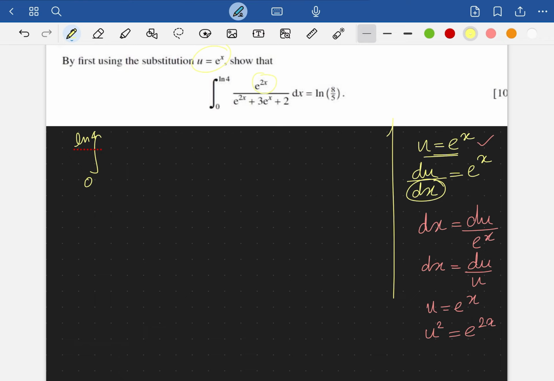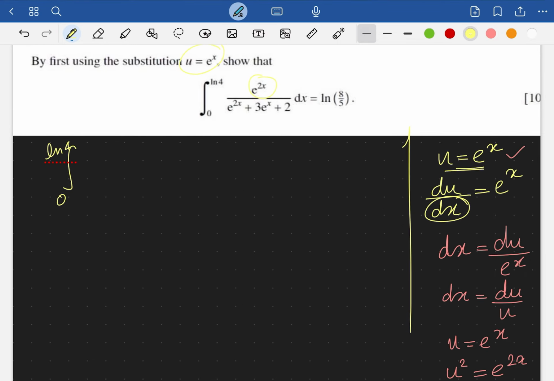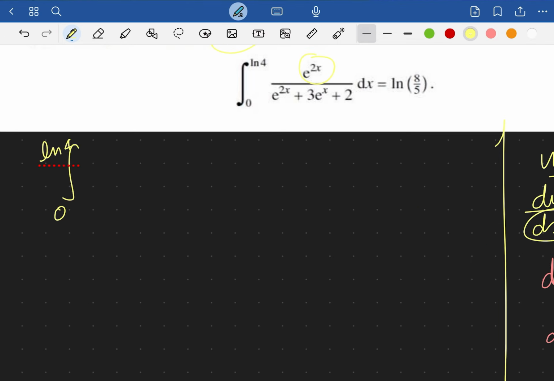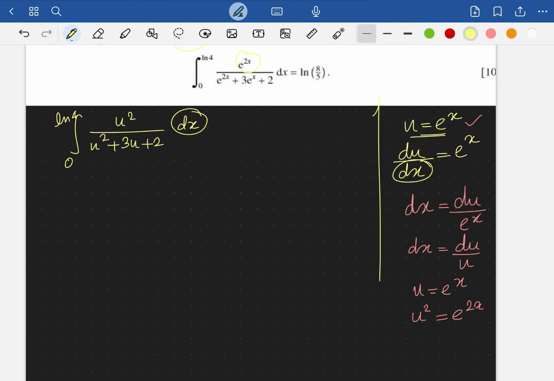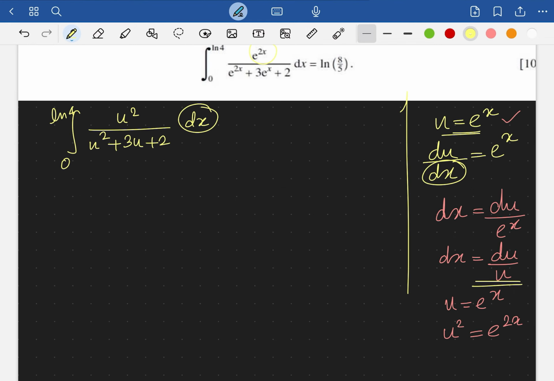So in place of e to the power of 2x, I'll write u squared over u squared plus 3u plus 2 dx. Now, in place of dx, we can write du over u.